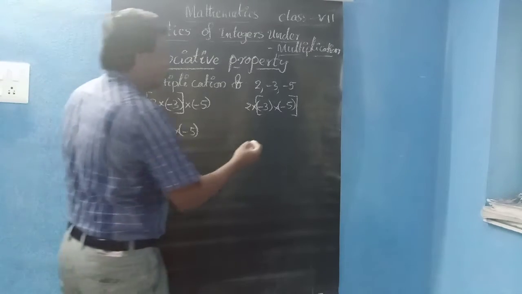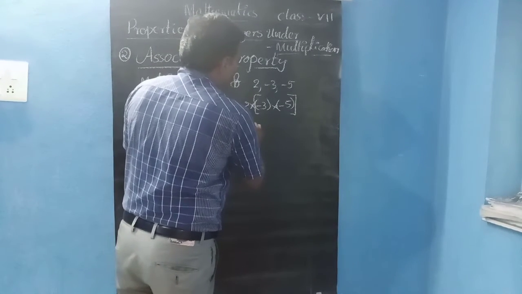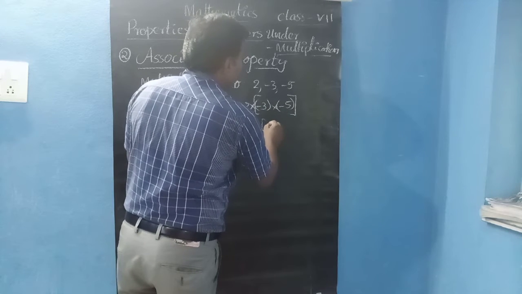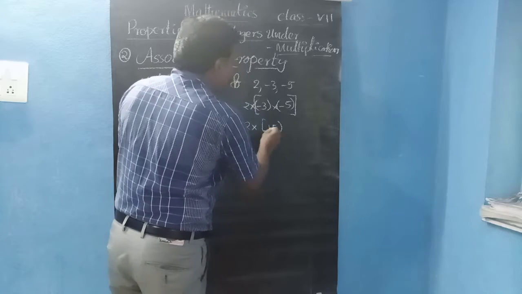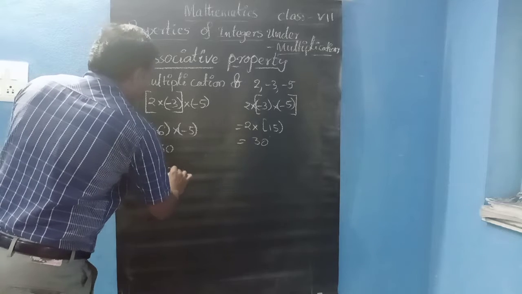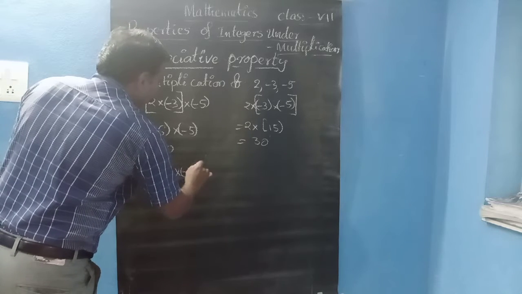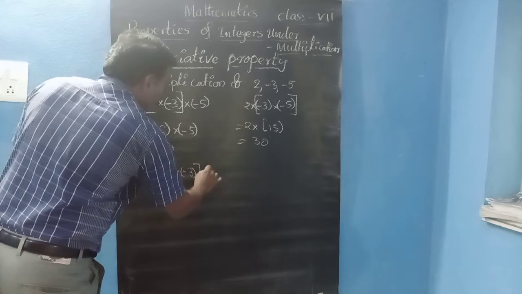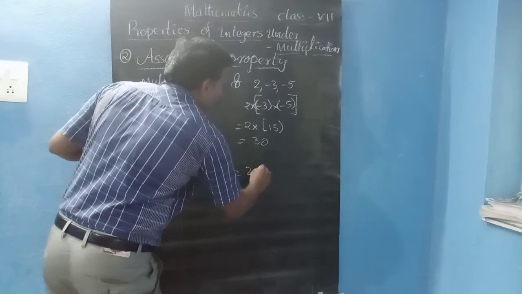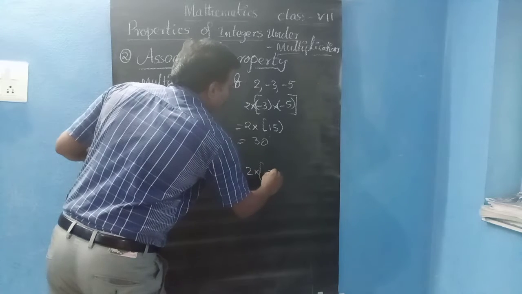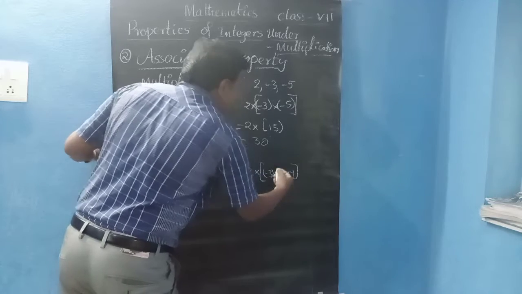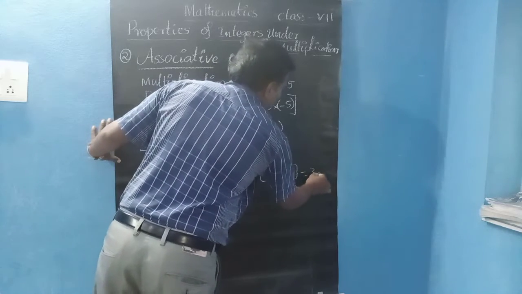Here, 3 5s are 15, minus into minus plus. 2 15s are 30. So what do we conclude? Therefore 2 into minus 3 into minus 5 is equal to 2 into minus 3 into minus 5, that is equal to 30.